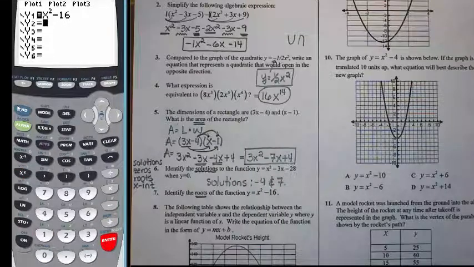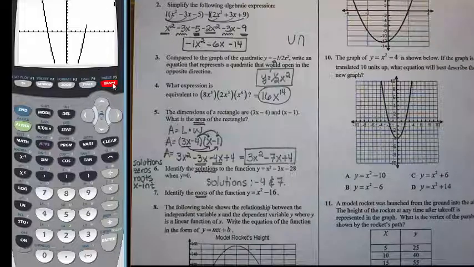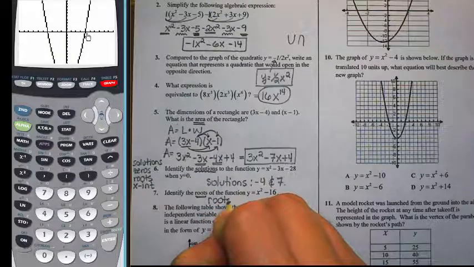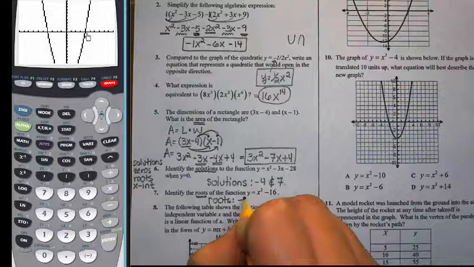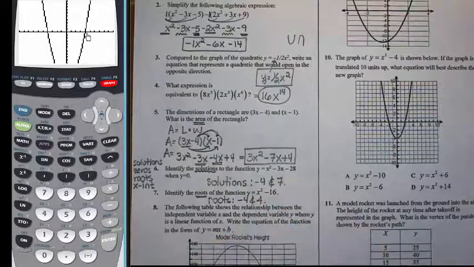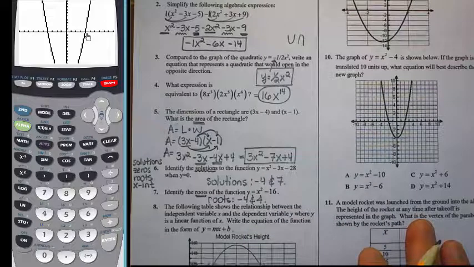Then I'm going to press graph. On my graph I can see that the x-intercept here will be negative 4 and the other one would be 4. So my roots, solutions, or x-intercepts for this problem are negative 4 and 4. Very good. Alright, let's go on to the next problem.